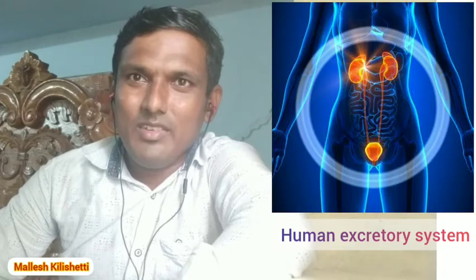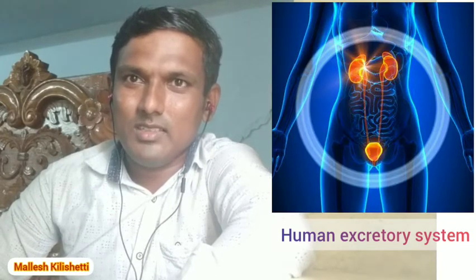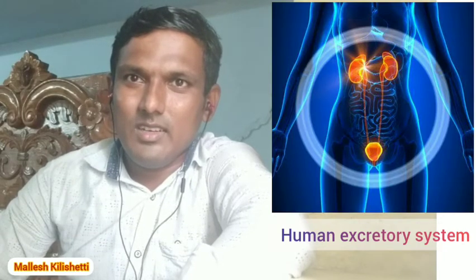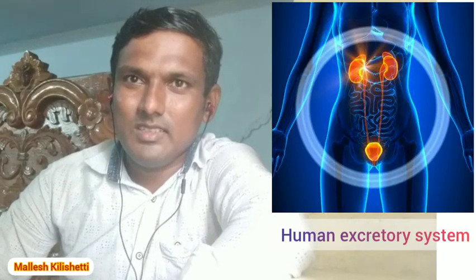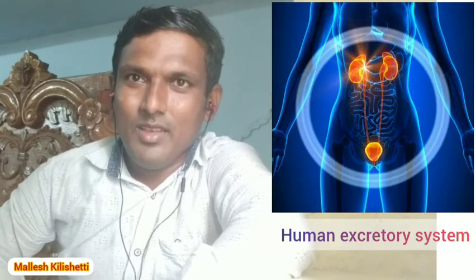When we observe the excretory system, there is one pair of kidneys, one pair of ureters, the urinary bladder, and the urethra for expelling urine.